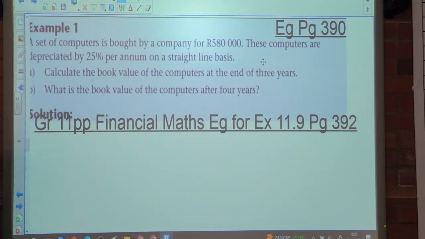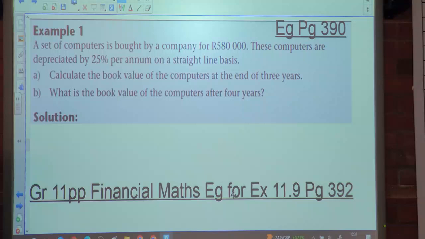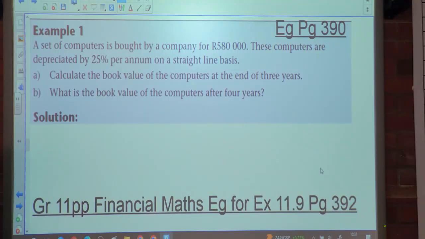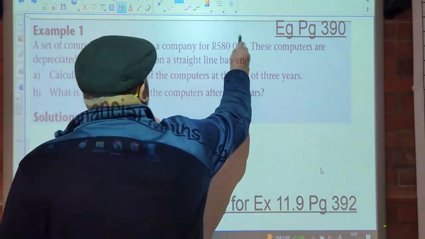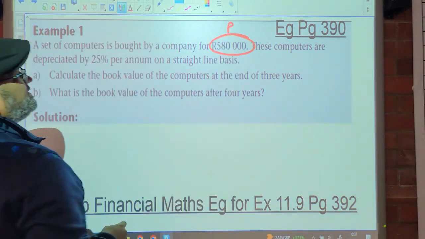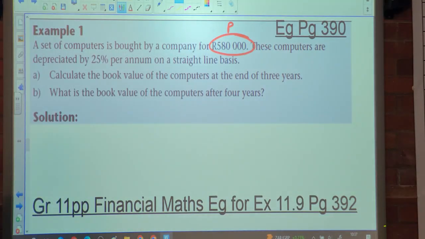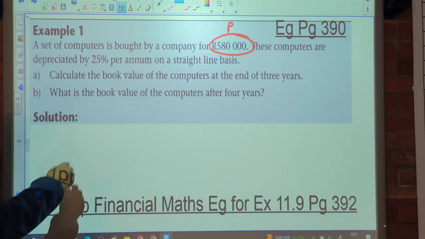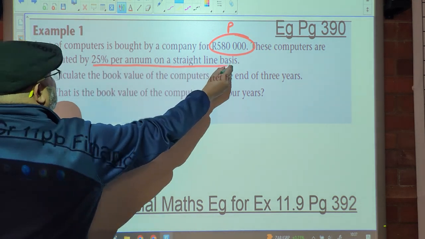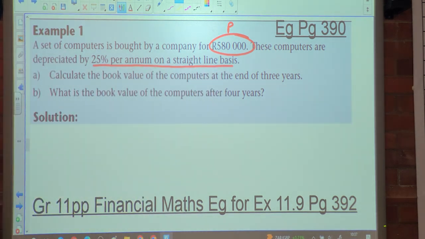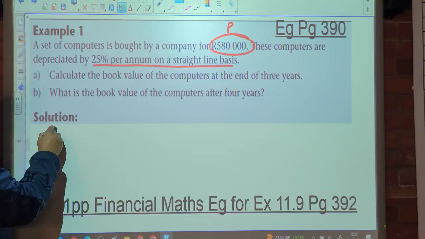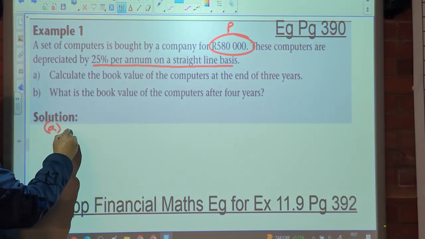We are told that a set of computers is bought by a company for 580,000. Which value is that 580,000, people? Your P value, not so? These equipments are depreciated by 25% per annum on straight line basis. So if it says straight line basis, what do we know? Straight line formula. What's the formula?